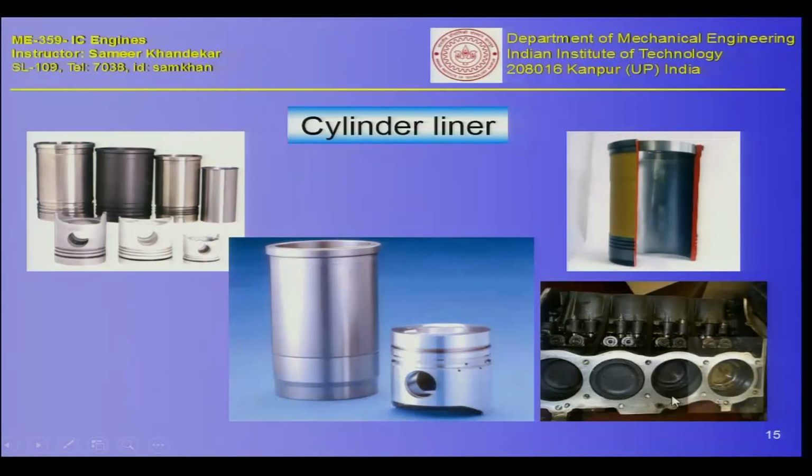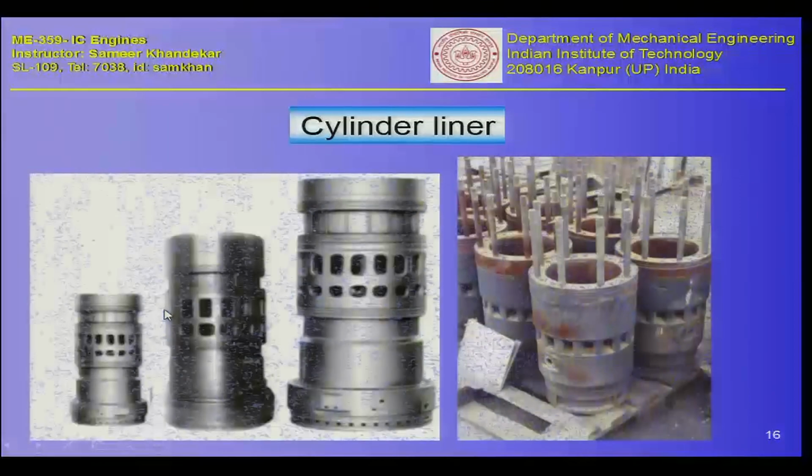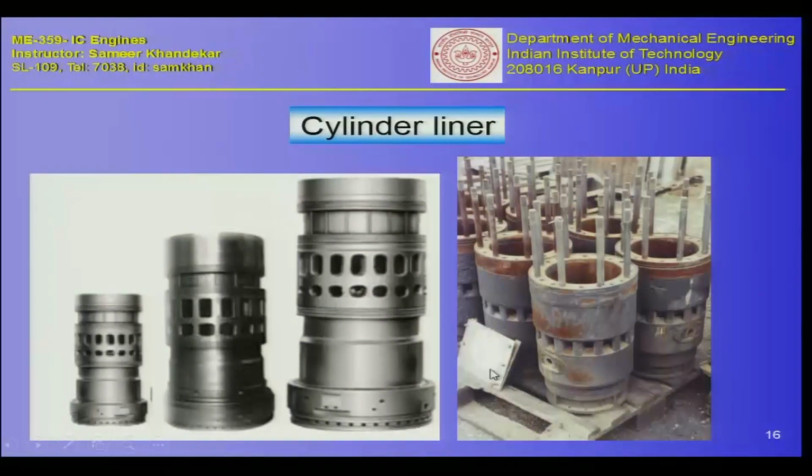So various shapes and sizes of cylinder liners are available, and now here you see really very large cylinder liners, and you can see ports for inlet of the air. As the piston uncovers, please refer to my earlier lecture when we saw the 2-stroke engine operation. At that time the piston uncovers this port, and as soon as it uncovers, air gushes in during the inlet stroke in this particular cylinder liner.